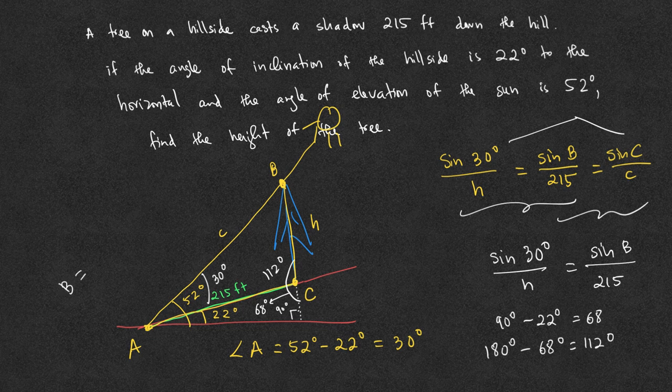The measure B is 180 degrees because the sum of all three angles in a triangle add up to 180 degrees, minus 30 degrees minus 112 degrees. And so, with our wishful thinking, we found B. B is 38 degrees.